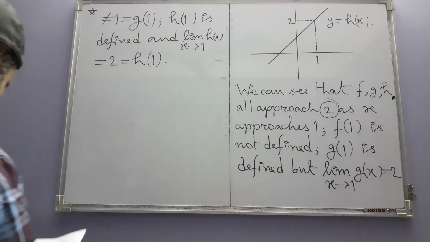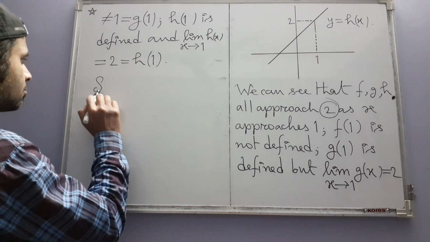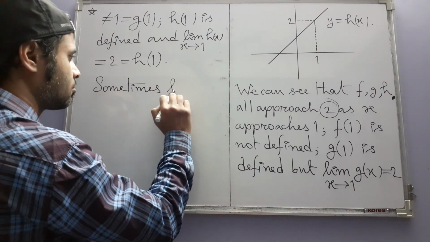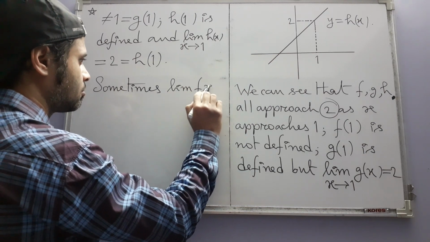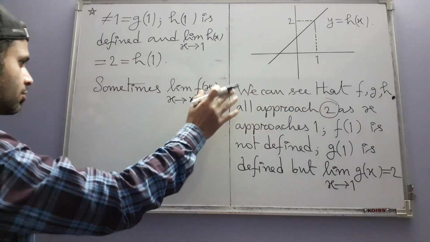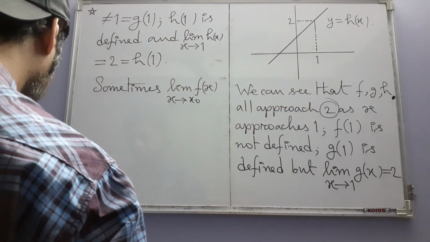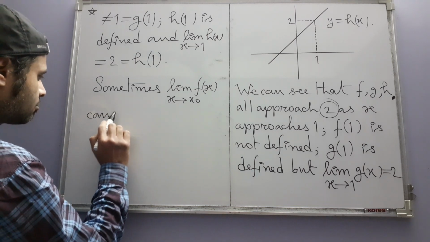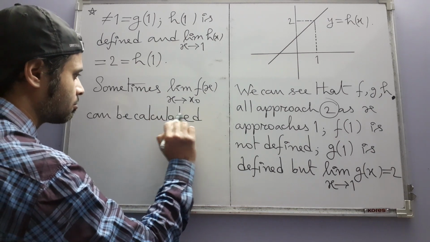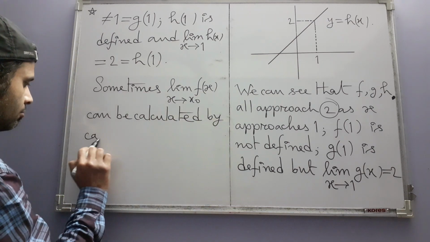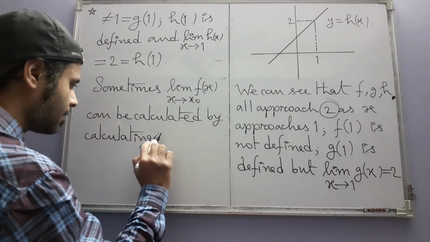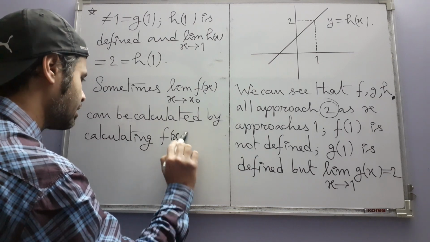So the authors write like this: sometimes this f is not that f, okay, it's a general function f, the limit can be calculated by calculating just f of x naught, that's it, and that is the limit.